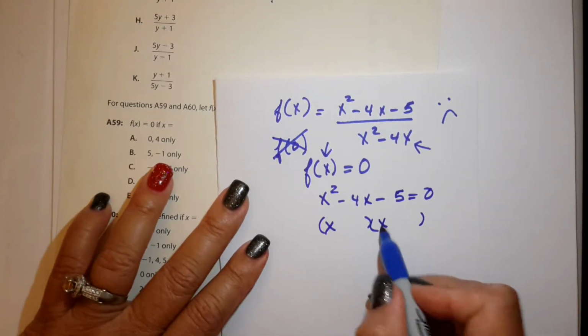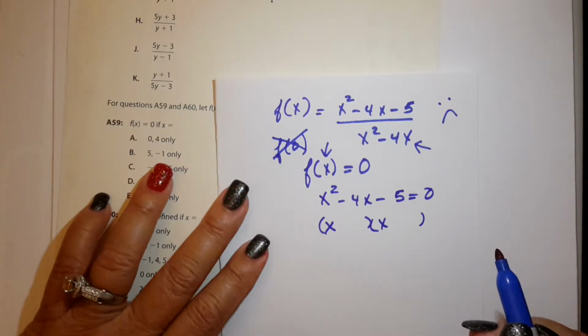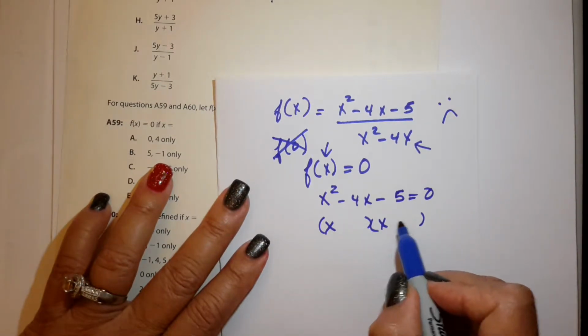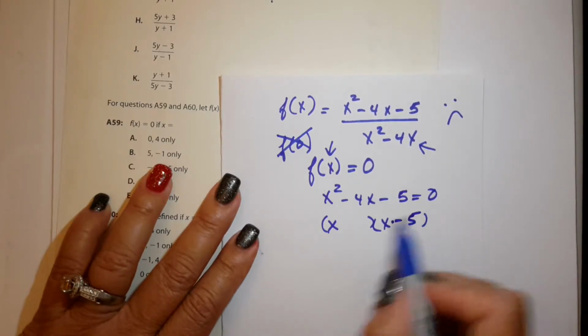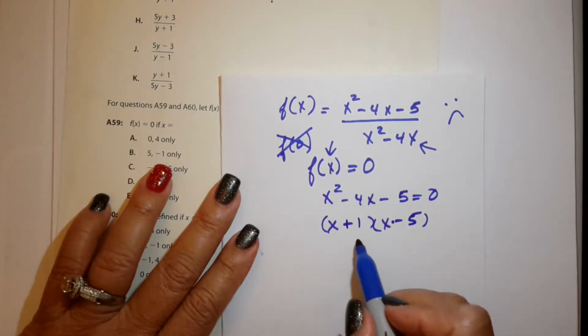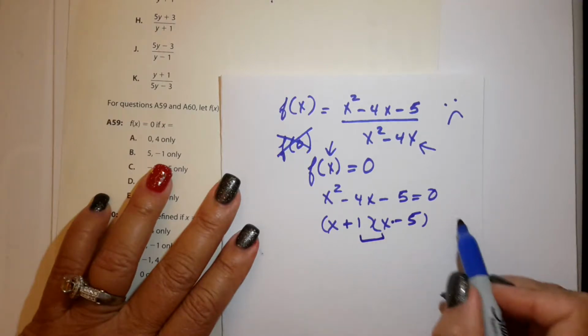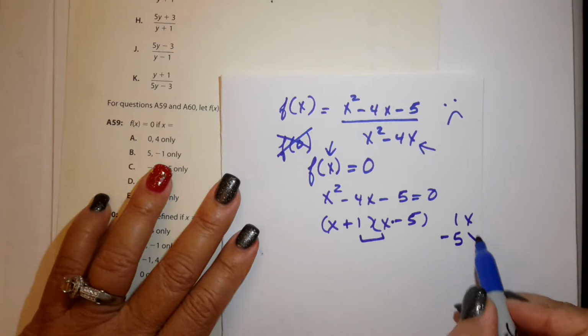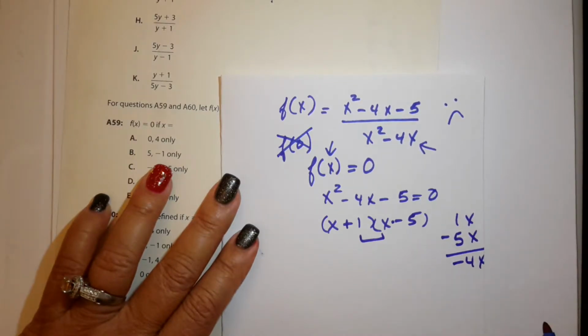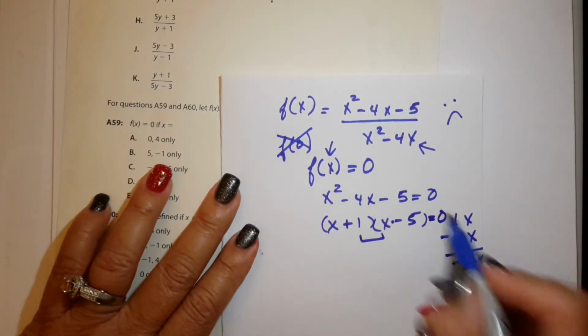This is x, this is x. Maybe negative 5 and positive 1. Because 1 times x is 1x, and negative 5 times x is negative 5x, so this would be negative 4x. Yes, I got it. And this equals 0.